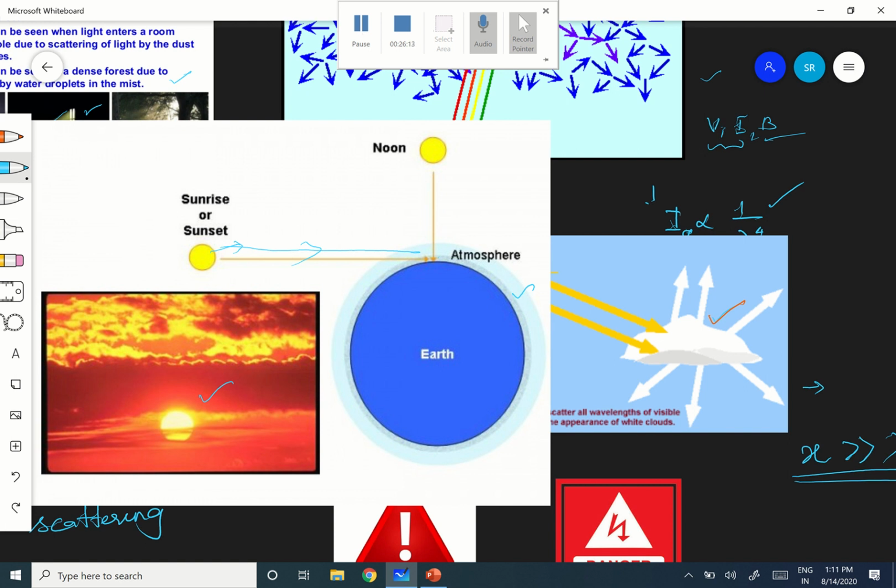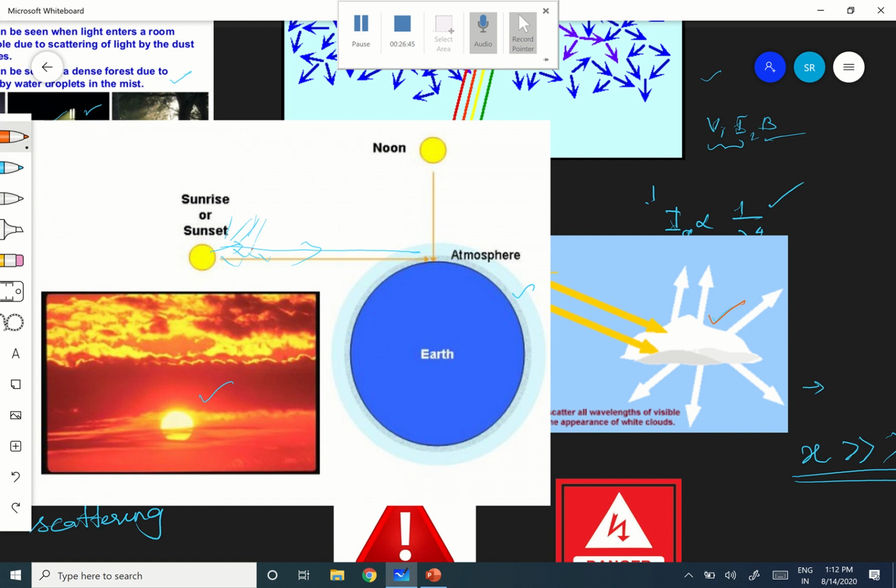So what happens as it is traveling? Most of the blue, violet, indigo colors will be scattered in the upper atmosphere itself. Everything will be scattered there. But the light that somehow manages to reach our eye is red.